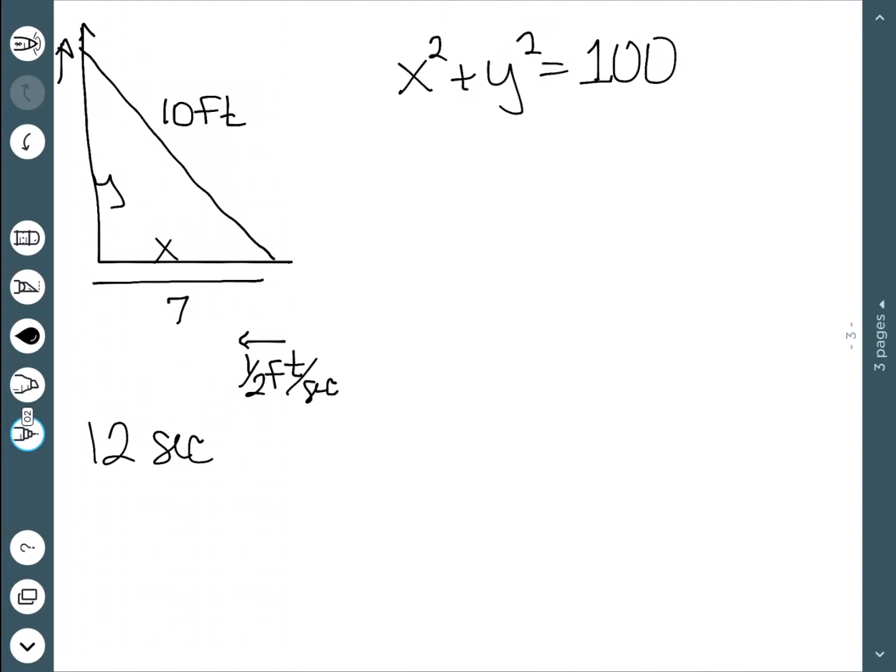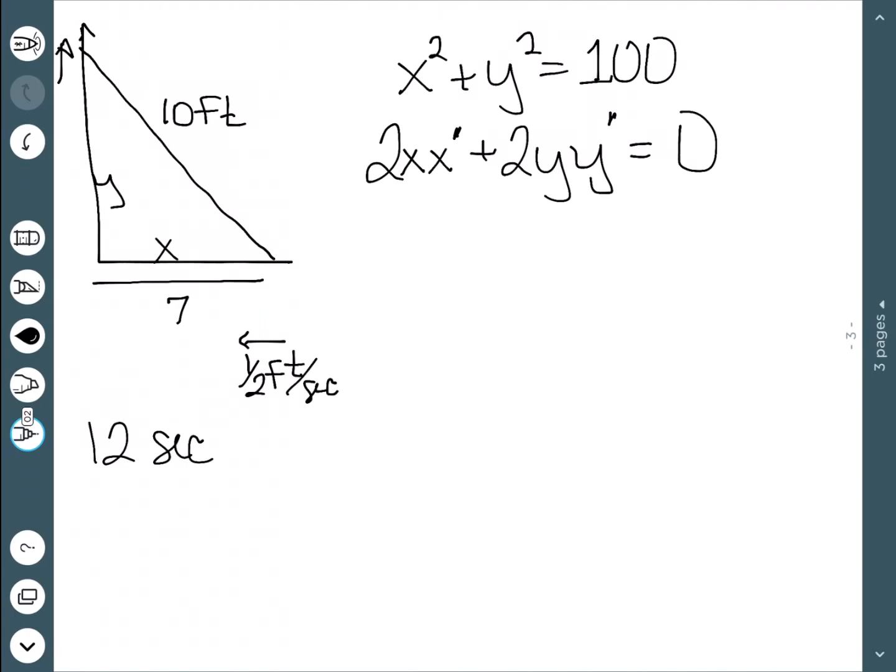But the ladder is set 10 feet, so we can go ahead and substitute that value in. When we take derivatives, we're going to use implicit differentiation, so we're going to have a 2x times x prime, and a 2y times y prime, and the derivative of a constant is 0.